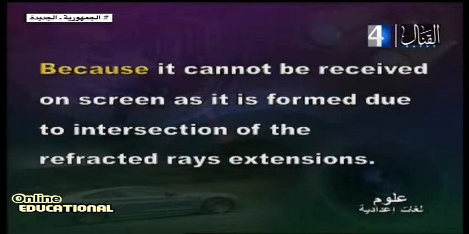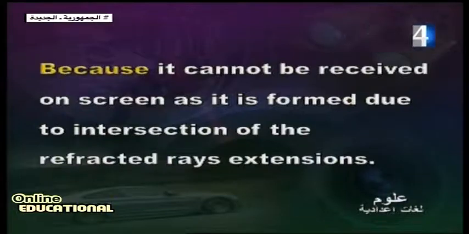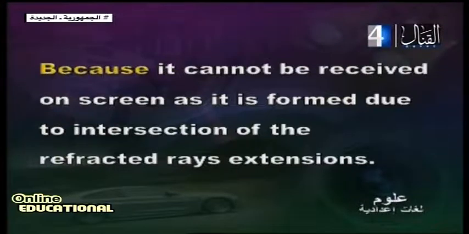We can't receive the image that is formed by concave lens on a screen because it's formed by intersection of refracted rays' extension. So the image that is drawn by extension of refracted rays is called virtual image and can't be formed on a screen.